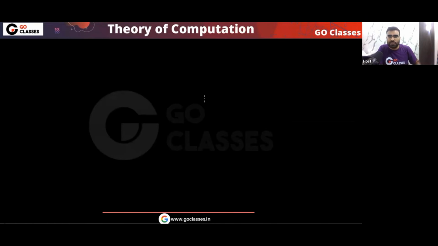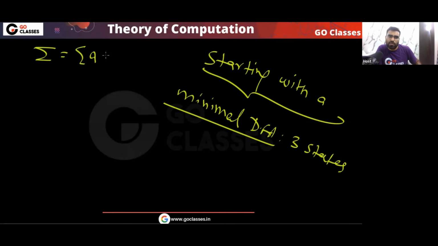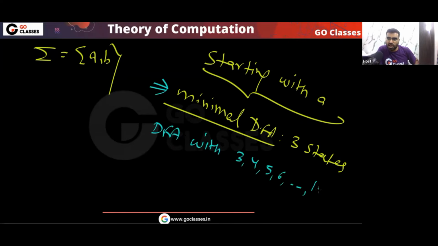If you take any language, for example, strings starting with a, tell me, for this language, the minimal DFA has how many states? The minimal DFA has 3 states, if your alphabet is a, b. But I can create a DFA with 3 states, 4 states, 5 states, 6 states, 10,000 states, 1 billion states.